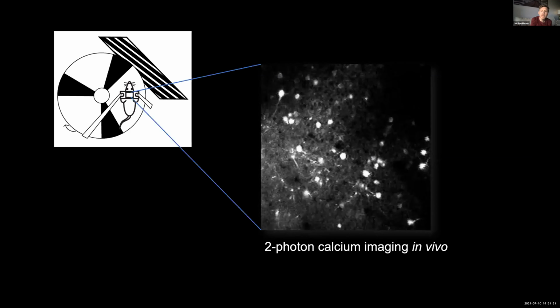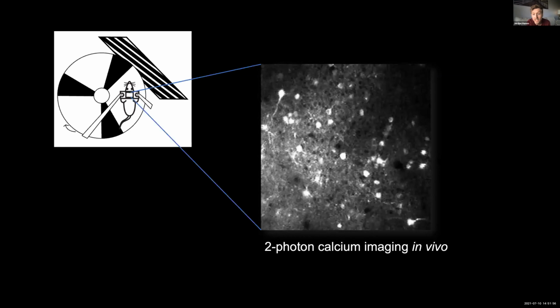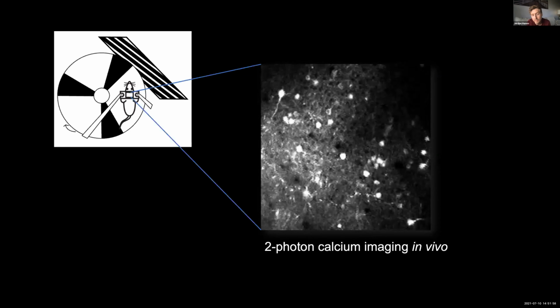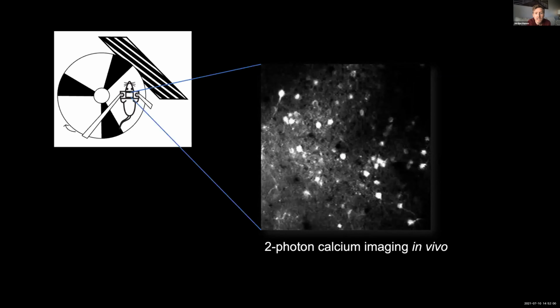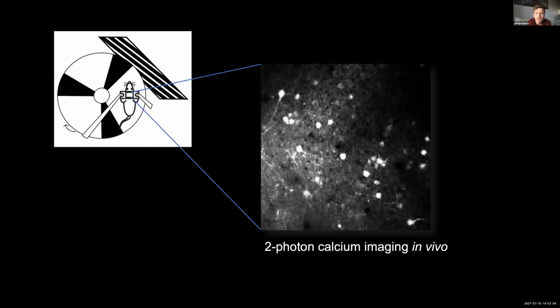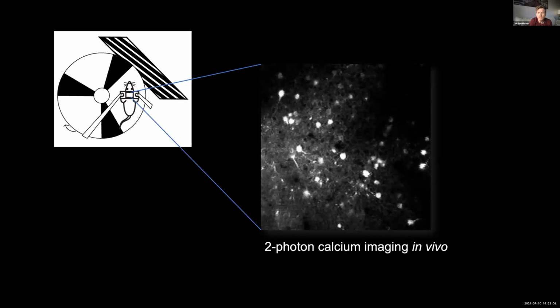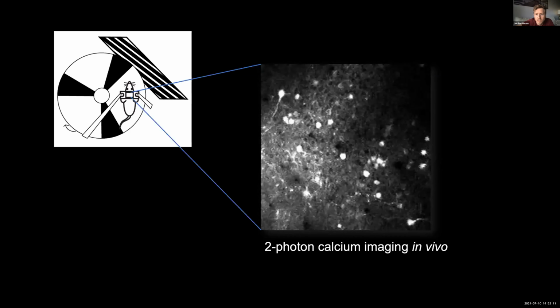And to measure visual cortical activity, we use the genetically encoded calcium indicator GCaMP6. And this allows us to quantify the visual stimulus evoked activity of V1 neurons during this paradigm.